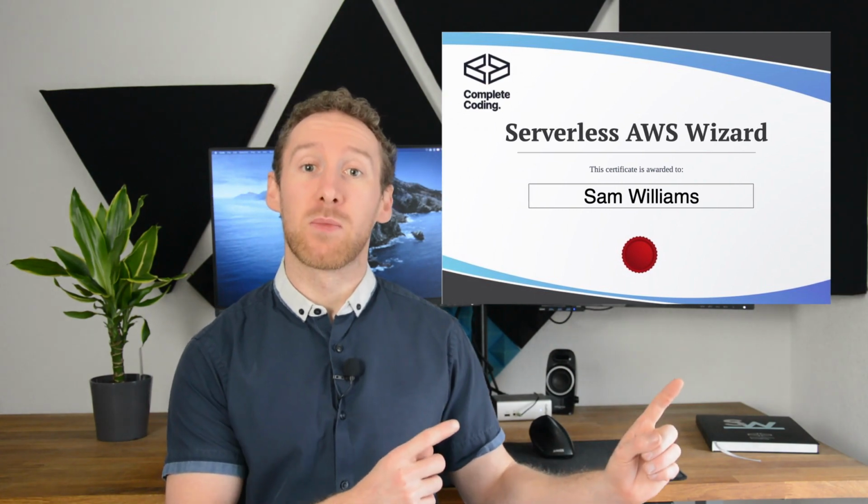Once we've deployed this, we're going to have an API which will automatically generate a certificate just like this one, and you can customize the name dynamically in your API. So let's jump into the code and see how we can create our API.